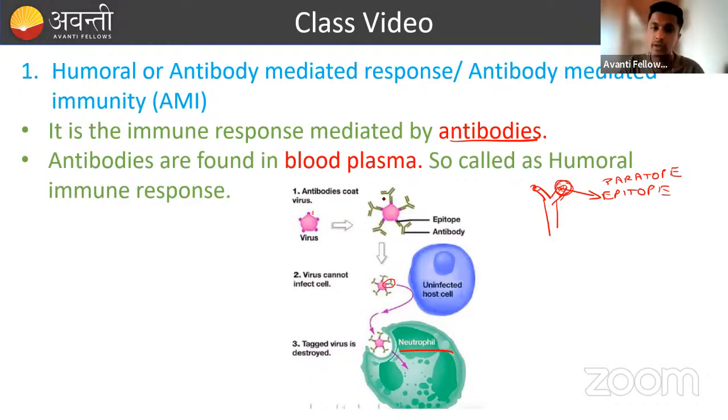Once they attach to these recognized surfaces, we call this epitope paratope interaction. Once they lock each other, just like lock and key, some of the immune cells like neutrophils are driven towards this interaction, and they engulf along with these attached antibodies. They get engulfed and neutralized. This type of specific response we call humoral immunity.